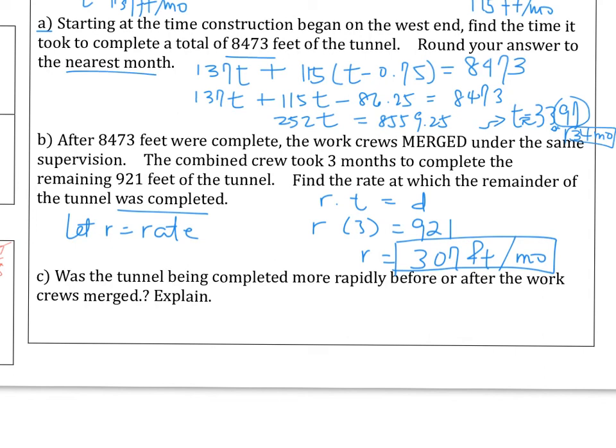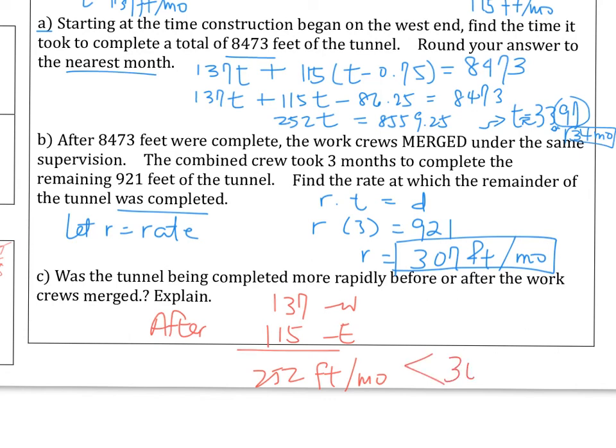I would say after, because when you add the rate 137 on the west side and the rate of the east side, the total is 252 feet per month, and that is still less than 307 feet per month when the crews work together. And this concludes our lesson.